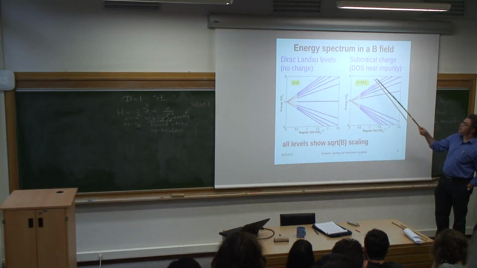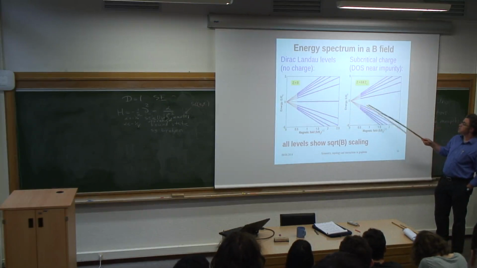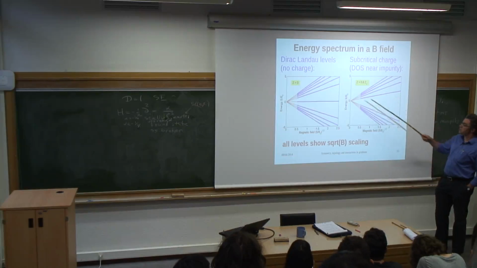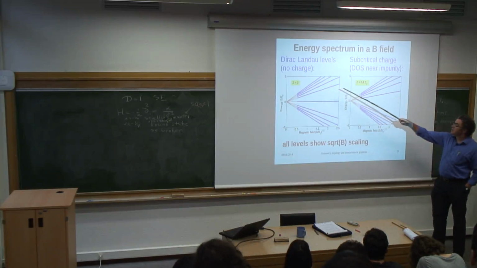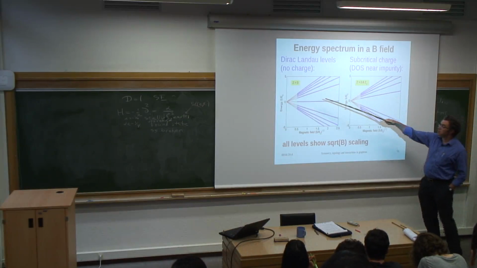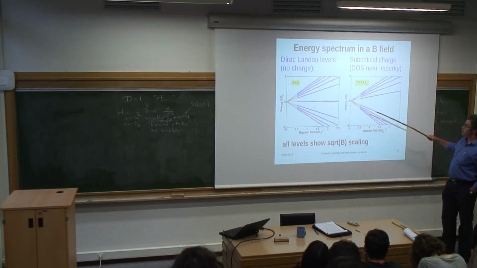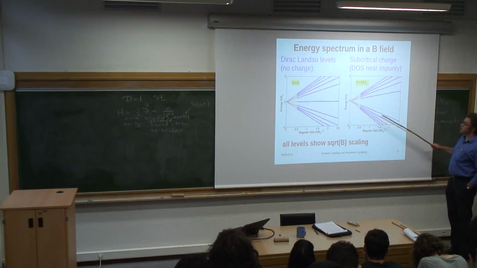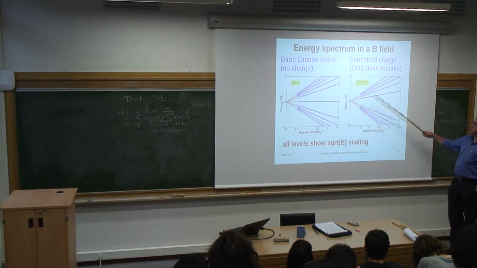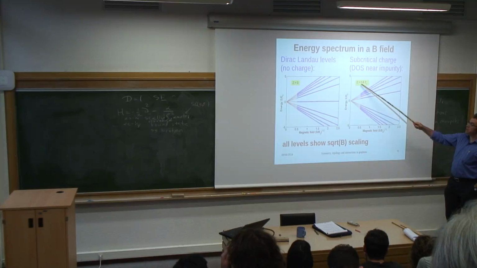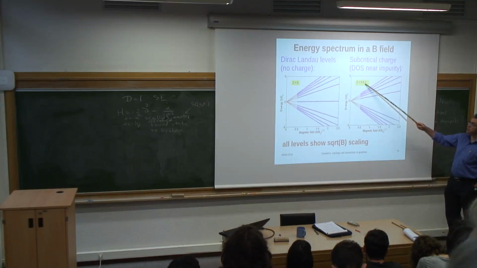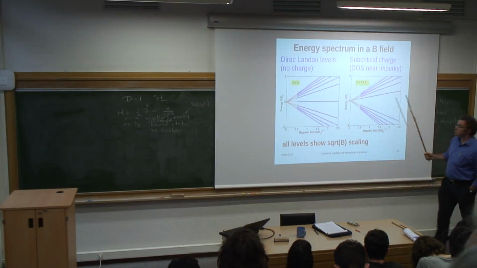Now, if you add Coulomb potential, you see that the energy levels are shifted. They don't obey the Landau levels formula. However, because of the scaling symmetry argument, they still scale as square root of B, and that's in the case when my charge is only 80% of the critical value.